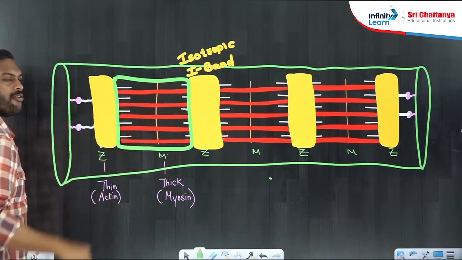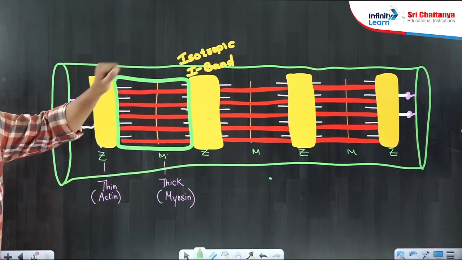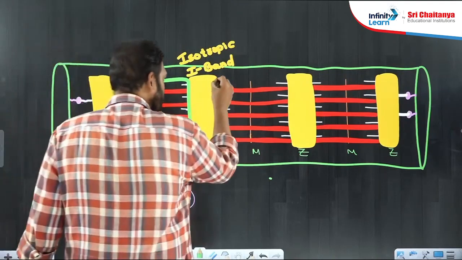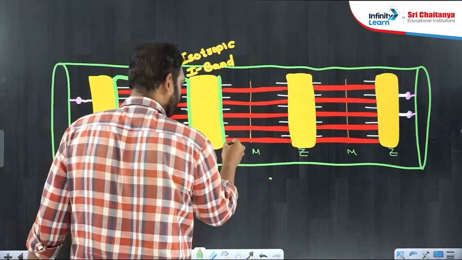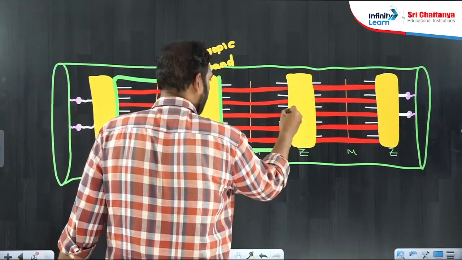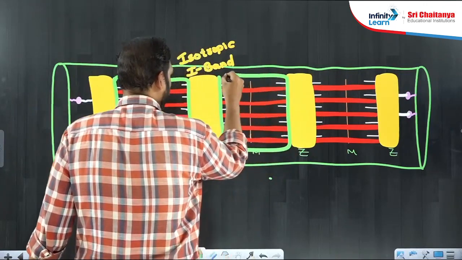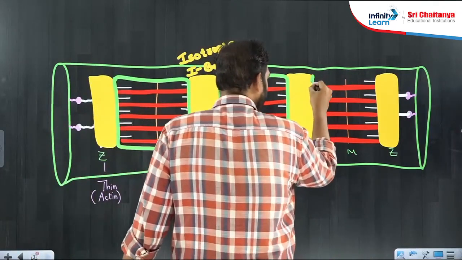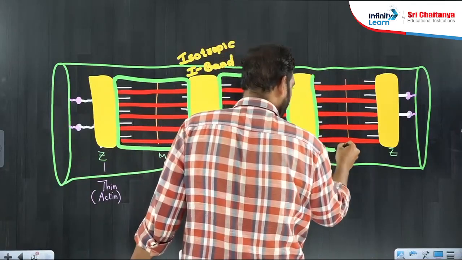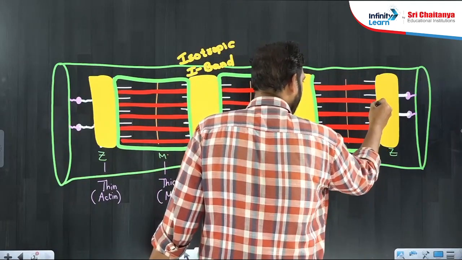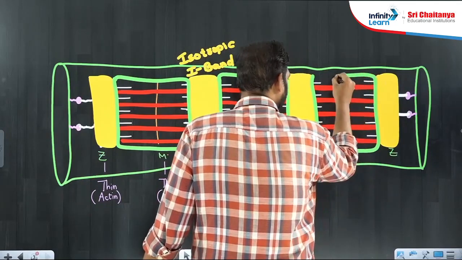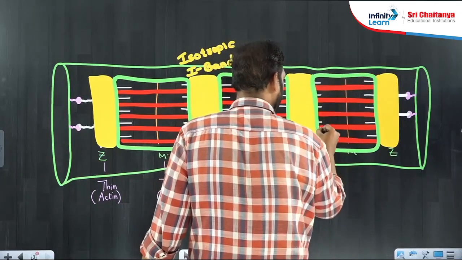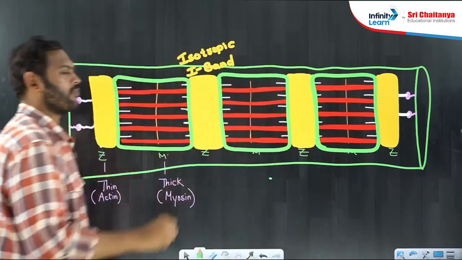So white are thin filaments, red were thick filaments, isn't it? Here also. See this carefully.